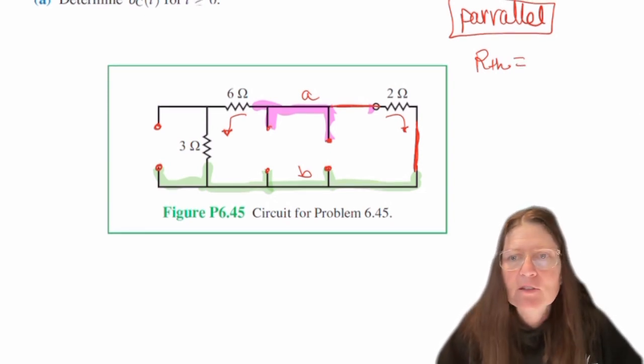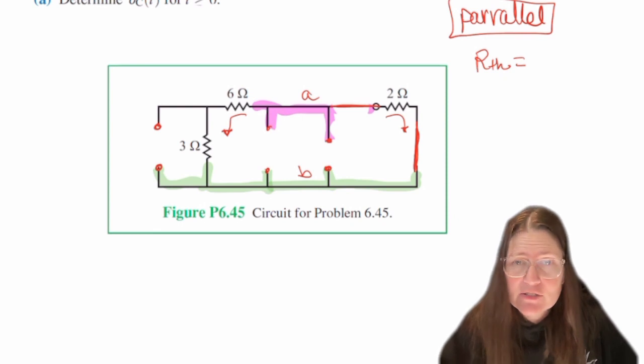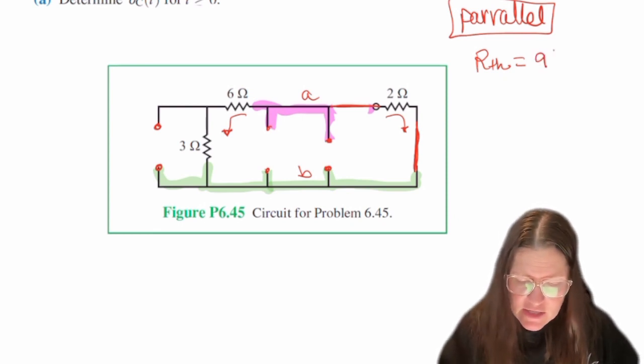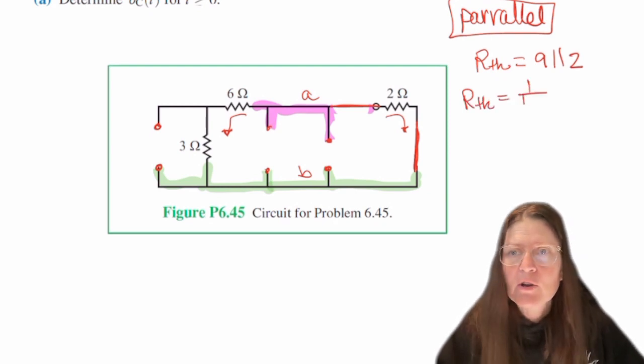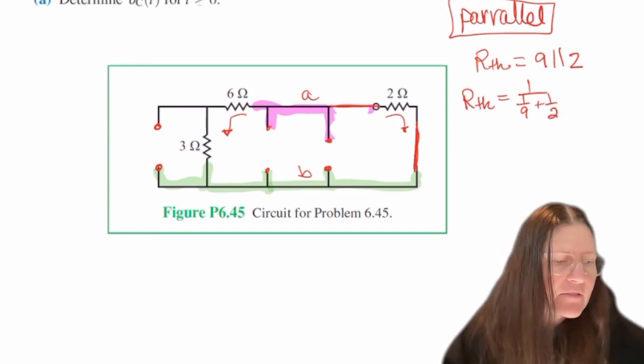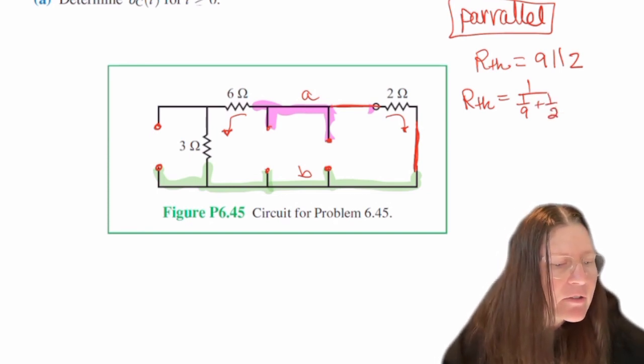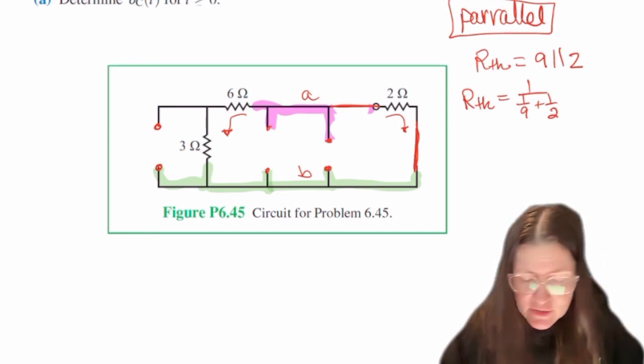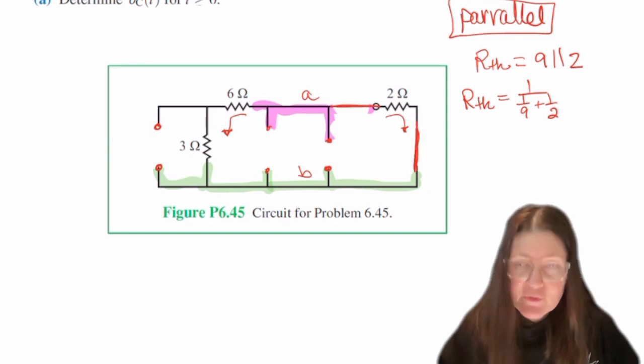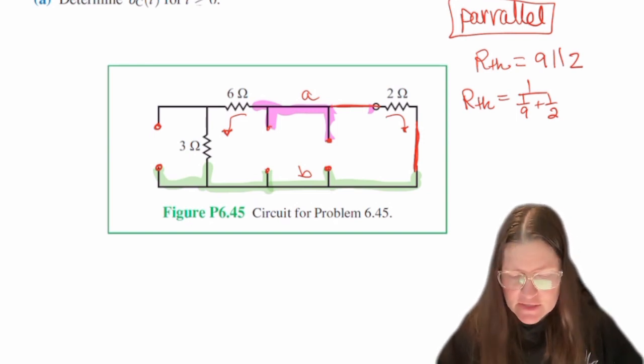And then the 6 and the 3 are in series, so they will add. So I will have 9 in parallel with 2. And so RTH will end up being 1 over 9 plus 1 over 2. And that gives me a value of, let's see, oh, I don't have the actual value of that. So from that, then we take alpha.